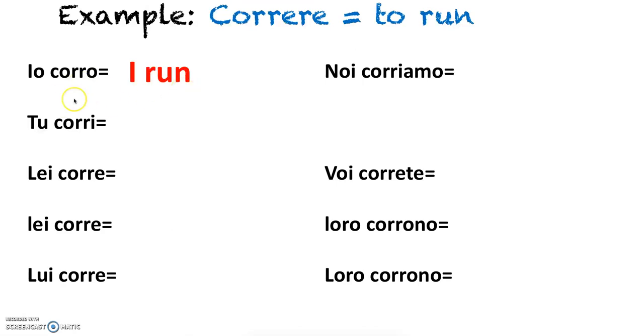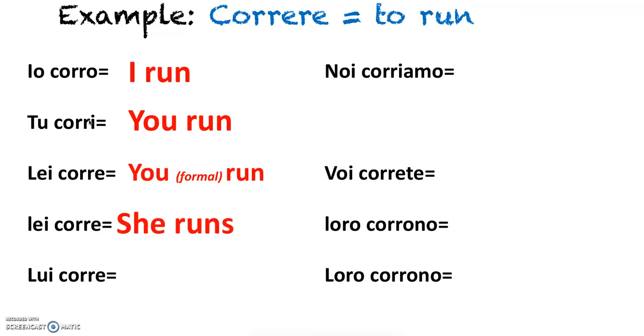Tu corri, ending in an I, because my tu verbs always end in an I, is you run. Lei corre, you formal run, it ends in an E. Lei corre, she runs. Lui corre, he runs.